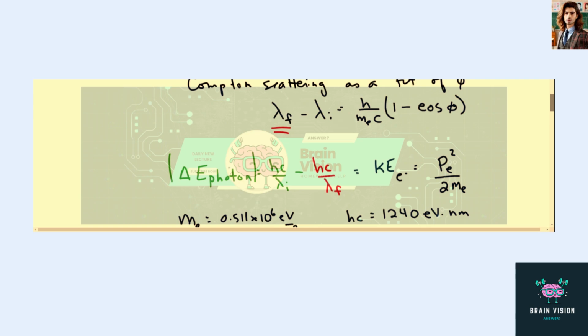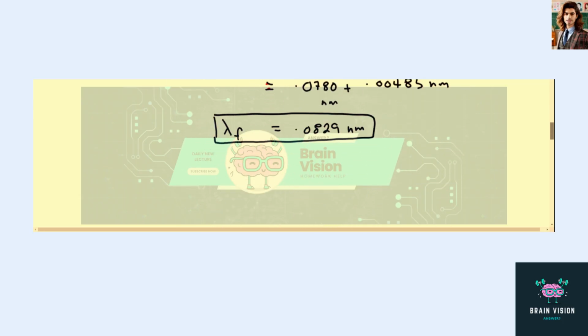Now we can solve for the kinetic energy of the electron. The Ke is equal to Pe squared over twice Me, and we'll multiply by c squared in the top and the denominator.